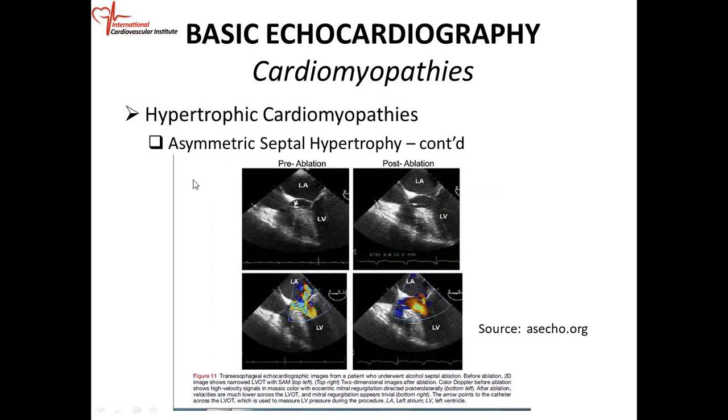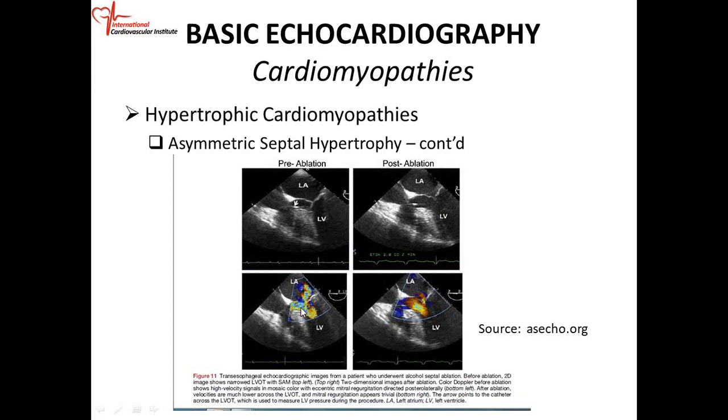Over here, this is pre-ablation, alcohol septal ablation. You can see that in systole, you have systolic anterior motion of the mitral valve, blocking the left ventricular flow tract. See, the mitral valve is blocking the left ventricular flow tract. These are transesophageal echo images.